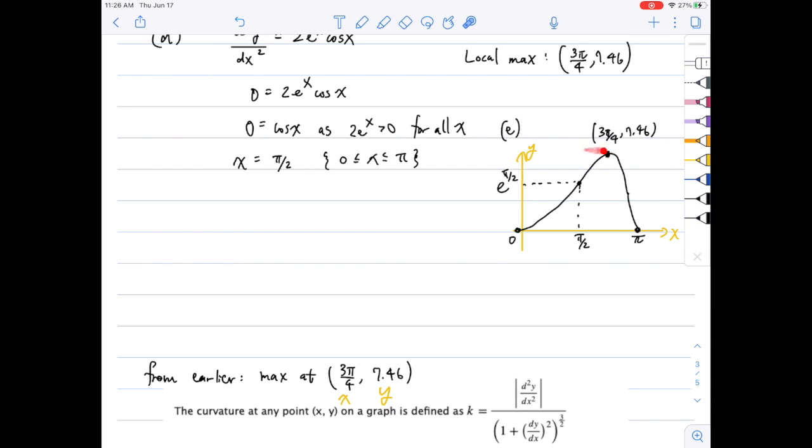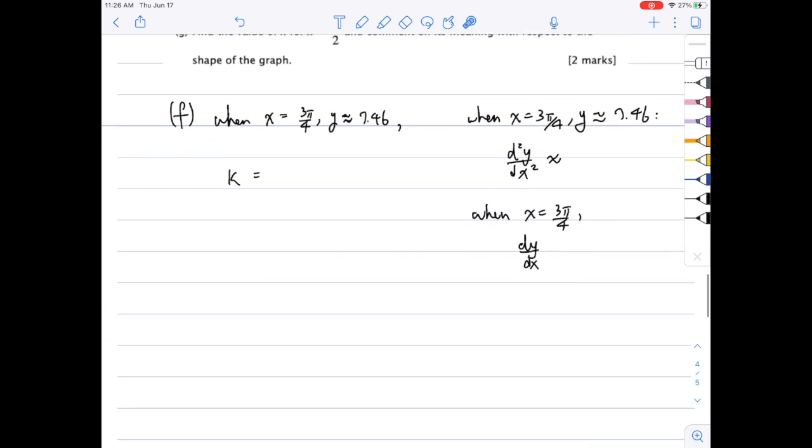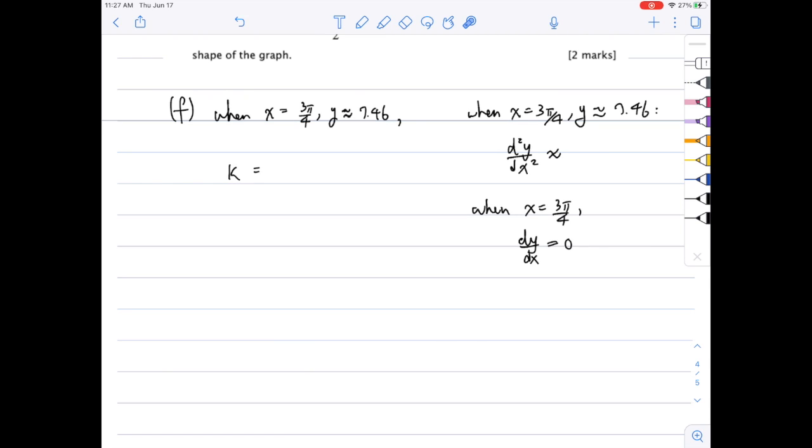So the slope of the tangent here is going to be 0. I don't really know what the second derivative value is going to be, so this is an instance where I'm just going to use a calculator and figure it out. It's going to be negative, but I'm not sure what the value is. After I plug this into a calculator to 3 significant figures, I'm getting negative 14.9.